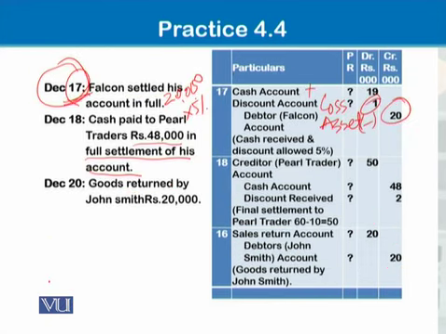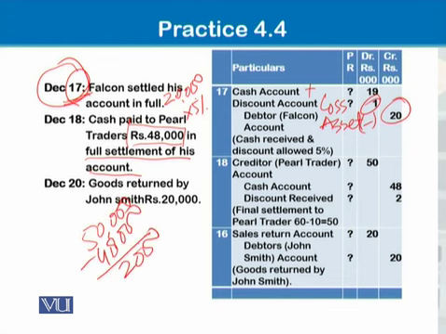So what happens? We are paying 48,000 in full. So 50,000 minus 48,000 gives a discount of 2,000. This is settlement discount or cash discount. So we are enjoying this discount as discount received. This is our saving.